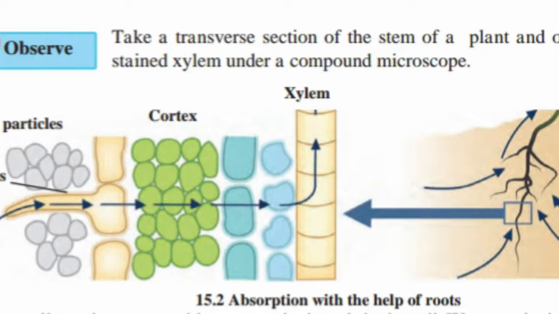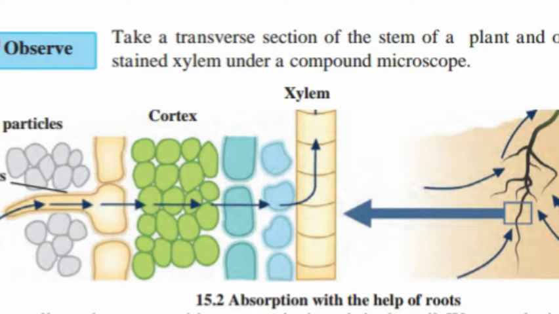Then water and minerals reach the xylem of the roots, and to reduce this difference in concentration, they are continuously pushed forward. As you can see in the figure, the arrows show water and minerals going into the root cells, then the cortex, and finally reaching the xylem.